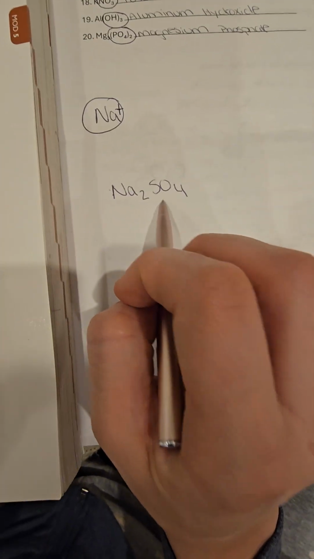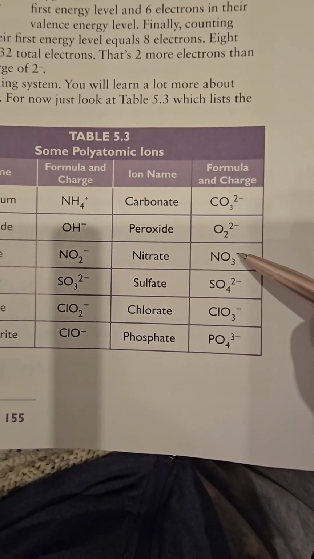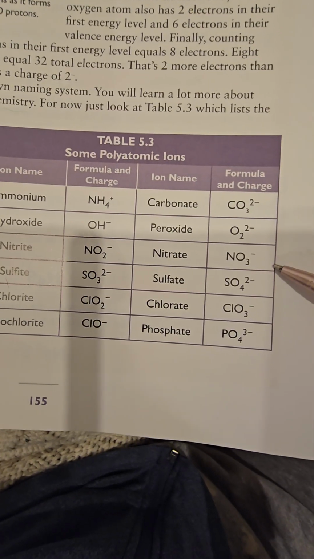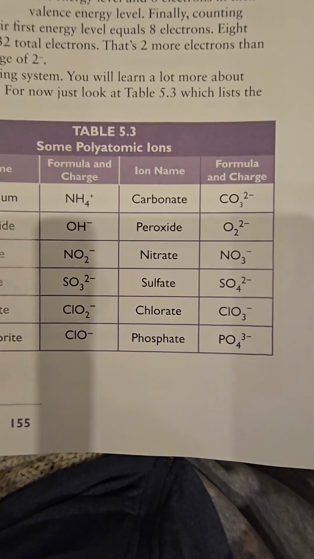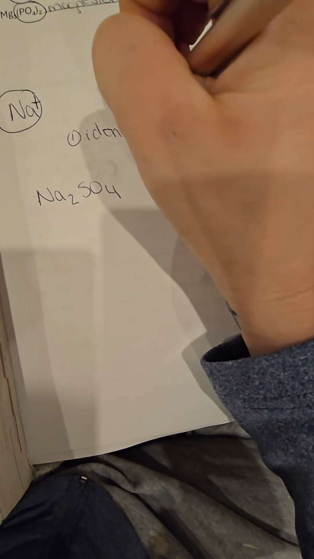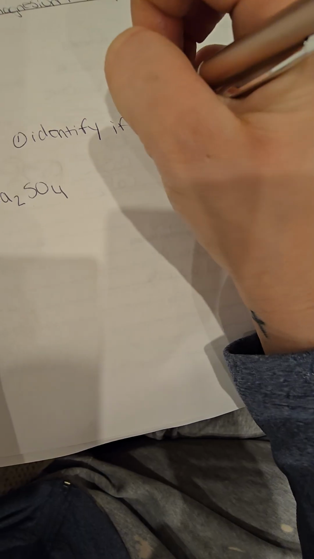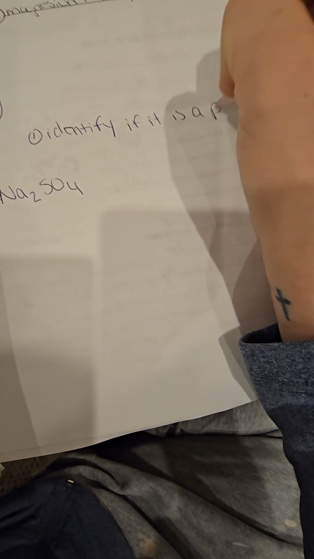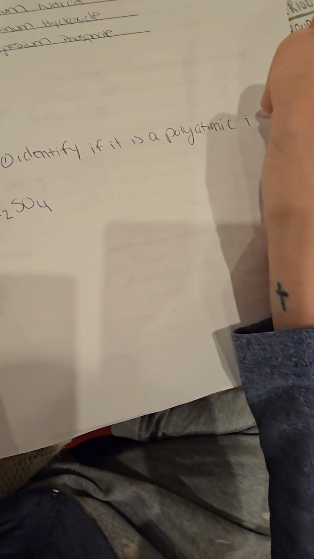All right, anyway, keep going. I know that I'm dealing with a polyatomic ion, so I'm going to go to my table and find the name. This is almost just like a fill-in. So the first thing you need to do, if you're doing steps, is identify if it is a polyatomic ion.